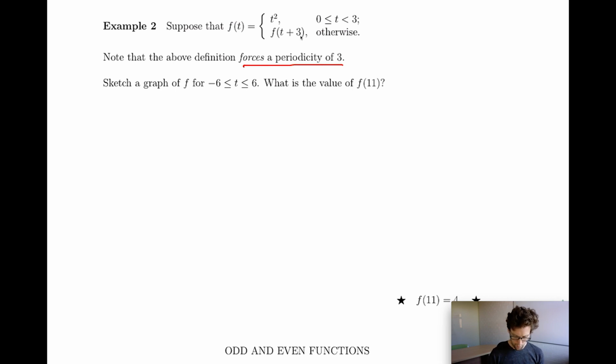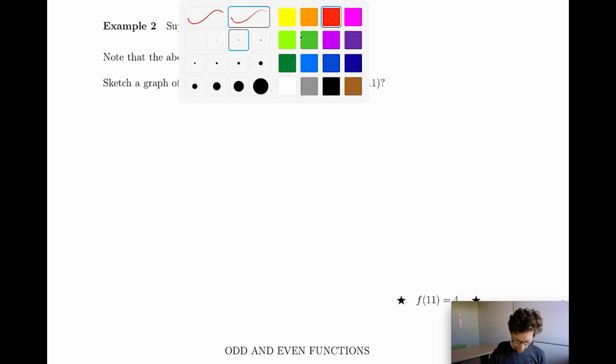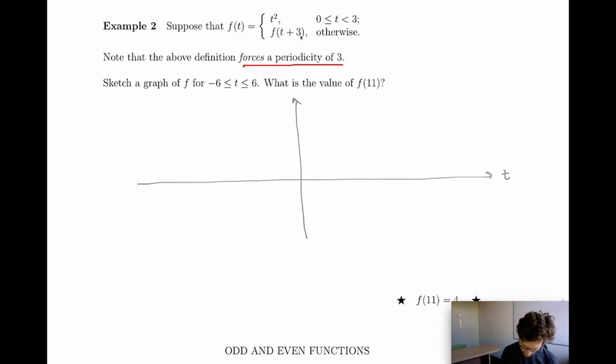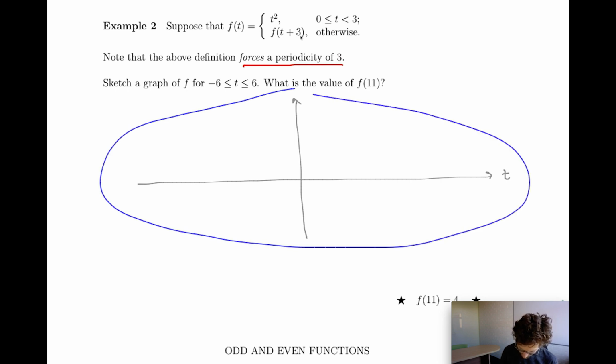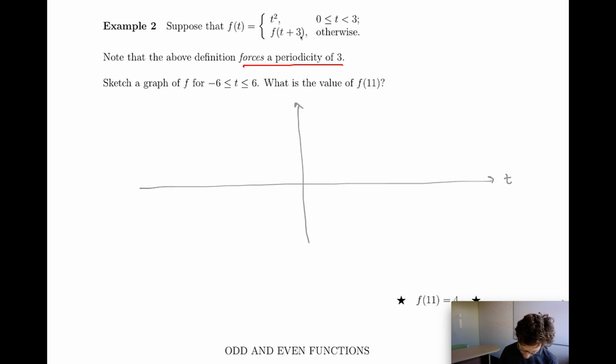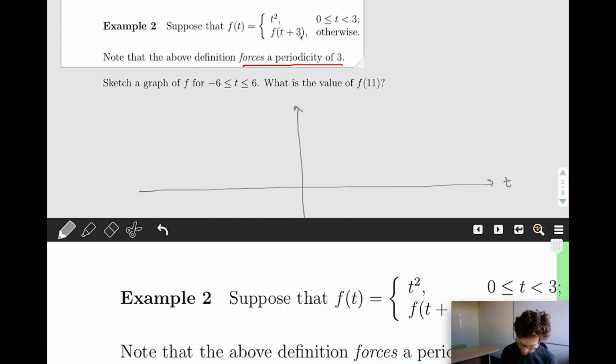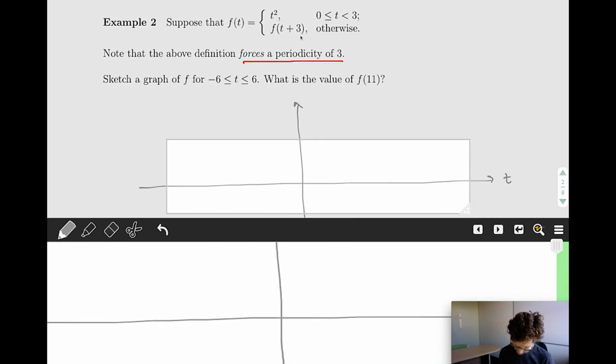So what we're going to do to sketch this is, let's save my little axis here for later. To sketch this, we're going to start off by looking at what happens between 0 and 3.